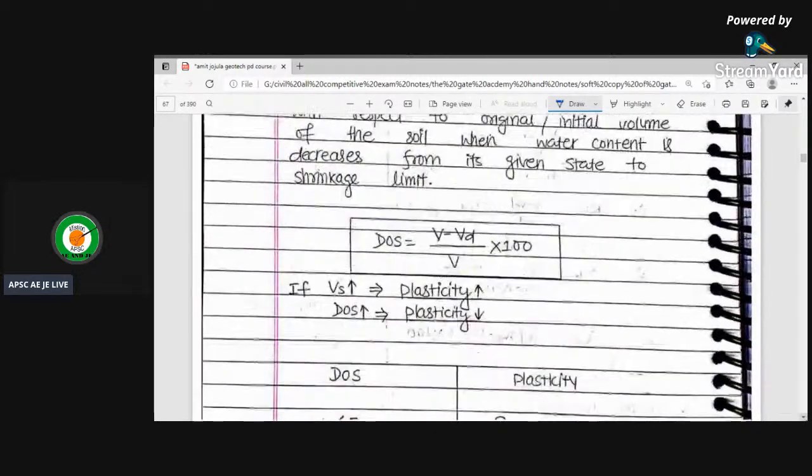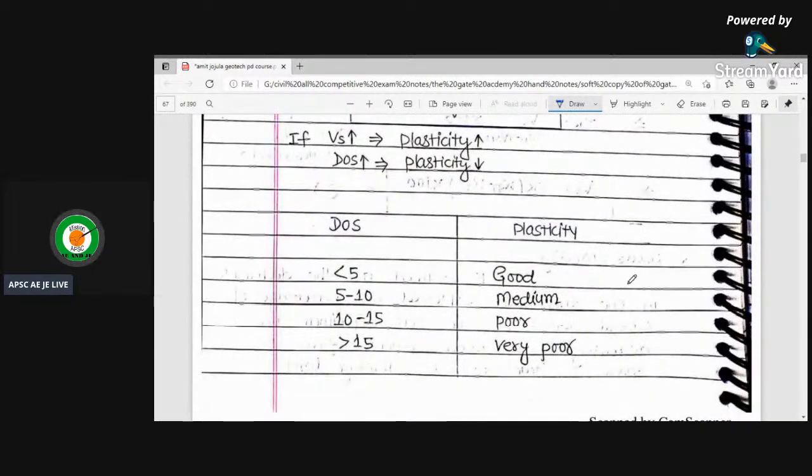So it is (V minus VD) by V into 100%. Remember these values are important. If the shrinkage limit is less than 5, plasticity is good; 5 to 10, plasticity is medium; 10 to 15, plasticity is poor; greater than 15, it is very poor.